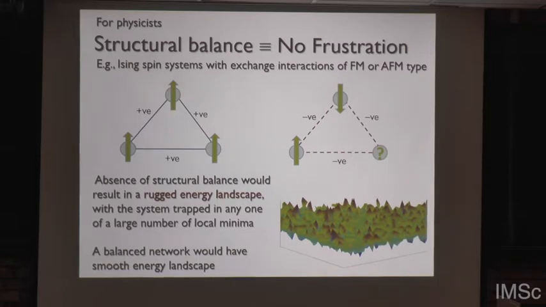Or in the social setting, this could be, for example, that you could have groups of people who have affiliative relations or antagonistic relations with others. So again, you can associate a plus or minus. Or if you're interested in neural networks, you could say that essentially the up state corresponds to the neuron firing and the down state corresponds to the neuron not firing. And the plus and the minus relations of the networks, the links, then correspond to excitatory synaptic interaction and inhibitory synaptic interaction.